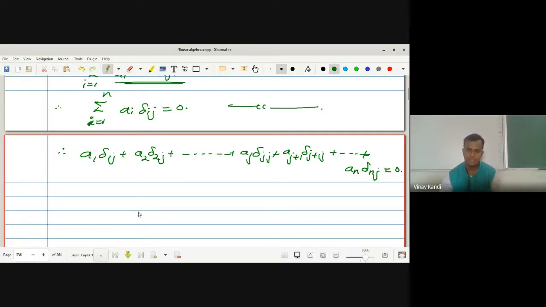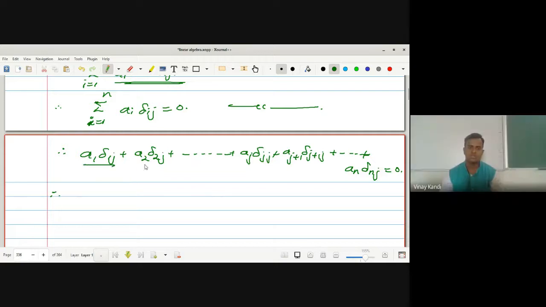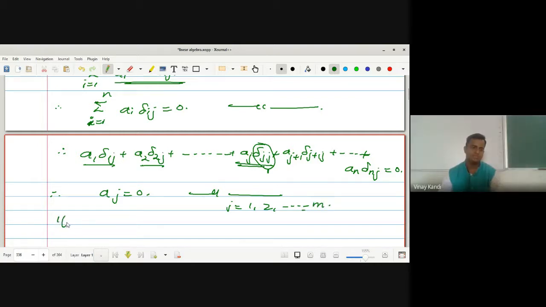Is it correct? Yes, sir. Therefore all these values are 0 and this one is 1. So aj into 1 is 1, so aj is equal to 0, for all j running from 1 up to m.